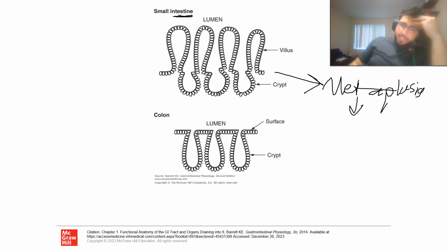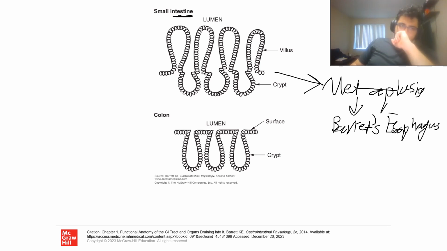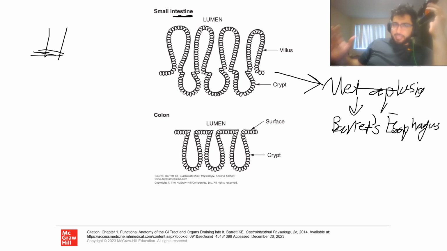This can happen in the context of Barrett's esophagus, when acid refluxing into the esophagus causes damage to the membrane. There's usually squamous tissue in the esophagus, so as you hit it with acid, that squamous cell gets damaged. It's like, I don't have the means to defend myself, maybe I should change into a cell type that can. So it becomes mucus-secreting intestinal glands. That's metaplasia, and that's Barrett's esophagus.